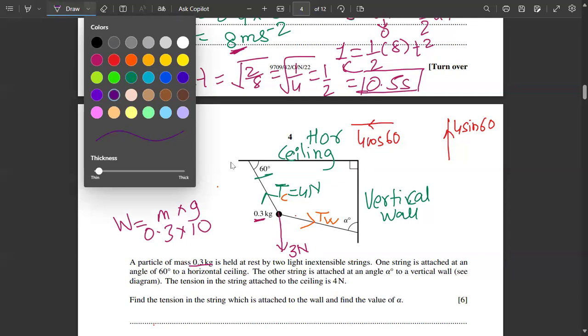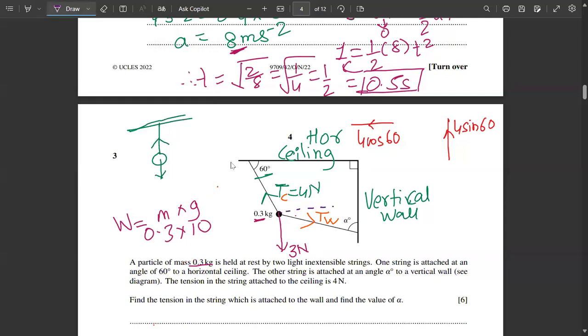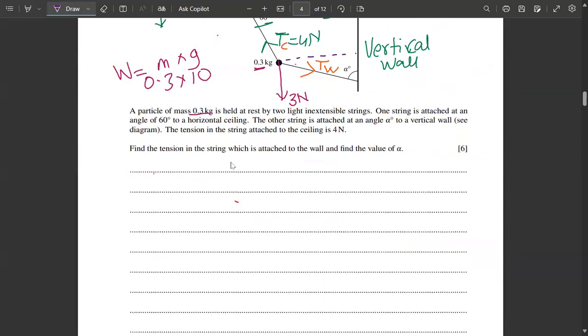Now, what we do not know is the value for TW and the angle also. So how can we do this? It is relatively easy. Instead of using values, we'll just use the variables, which is the alphabets, which is TW and alpha. So this is alpha. This right here formed a 90-degree. This is TW.